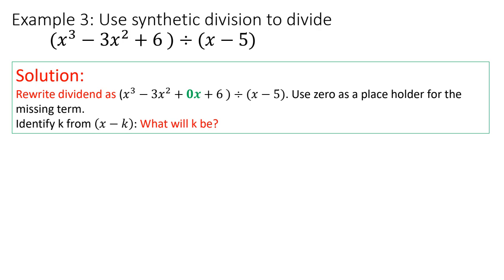But then we see also something different on this one. If we have our dividend here, it's missing a term. It's missing the x to the first power term. So in order to compensate for that, because the order matters, the placement value matters when we're dividing. Think of numbers.